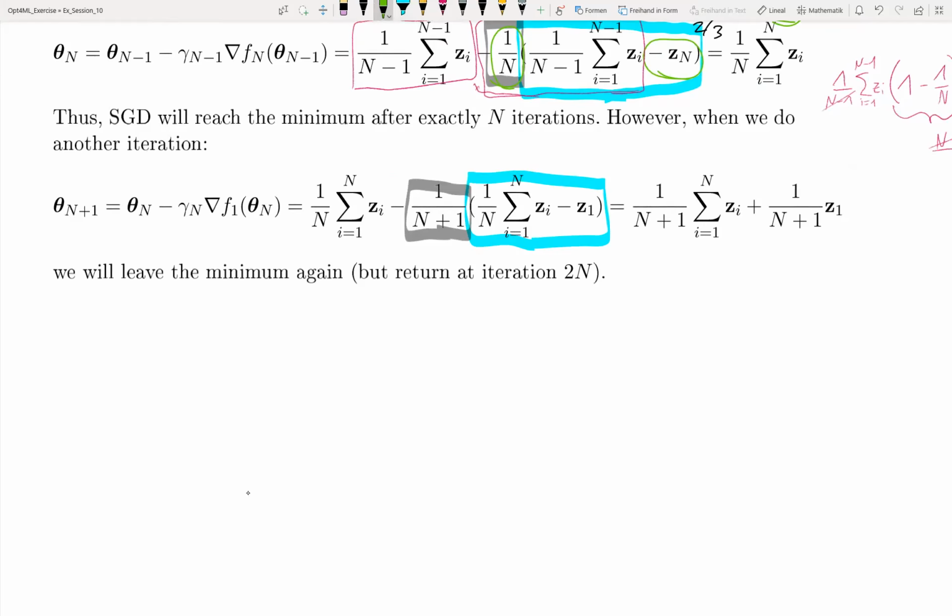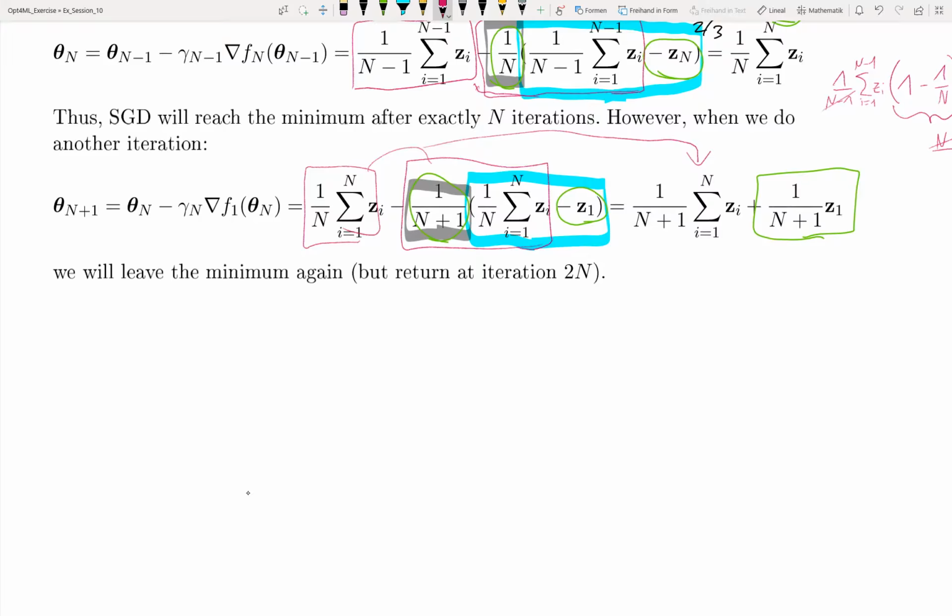We can once again write out this guy here as z1 over n plus 1, and with this, we use again our law of distributivity and can conveniently express this as the sum over the zi's divided by n plus 1.